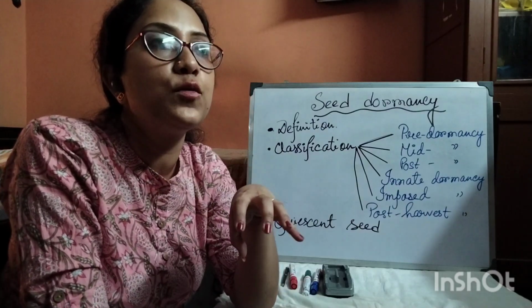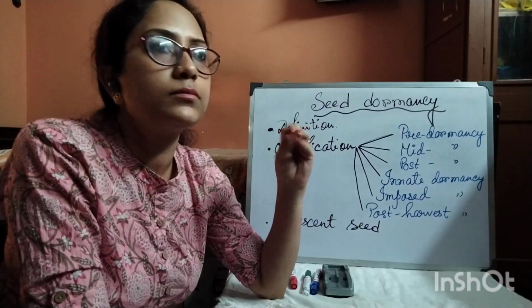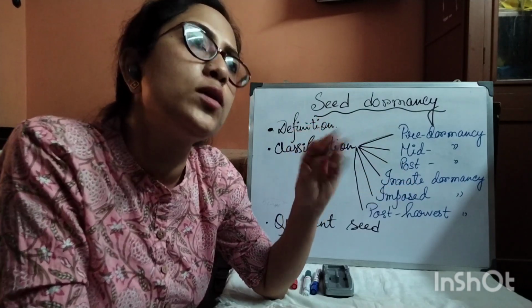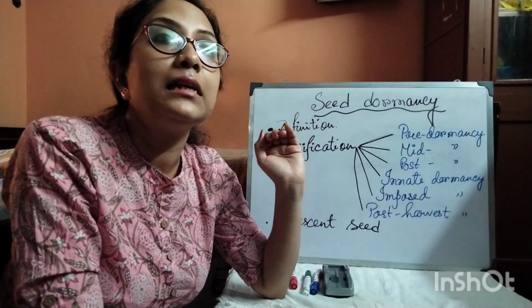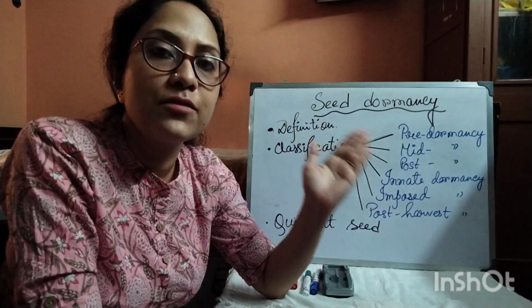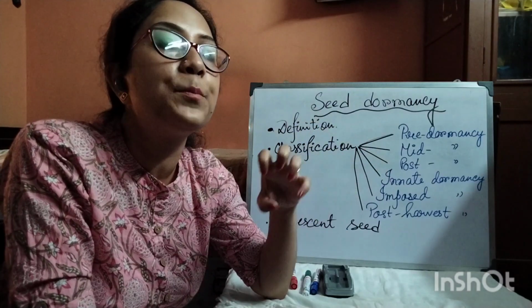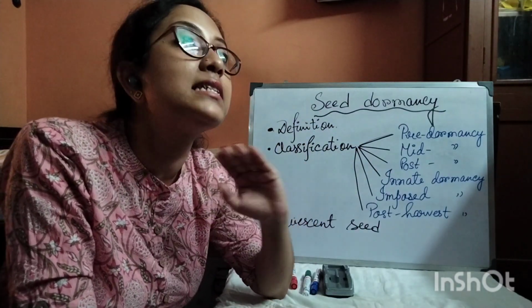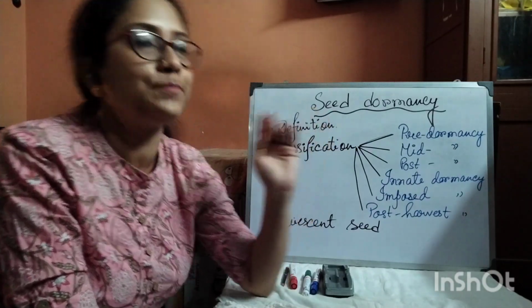Imposed means what? In our daily life we say, you impose the situation on me, some kind of pressure. Similarly, if the outside unfavorable condition puts pressure over the seed, it is termed as imposed dormancy and the seed will never germinate. Okay.